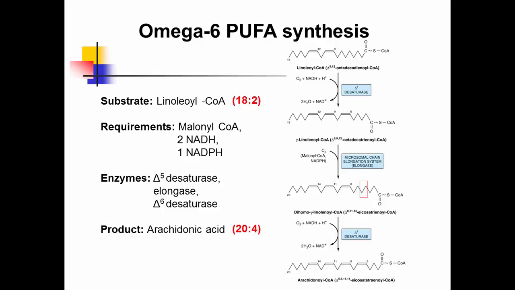And again, this whole process requires malonyl-CoA as the carbon donor, and needs delta 5 and delta 6 desaturases to catalyze the formation of double bonds and also elongase for the extension of the carbon chain. And it also requires NADH and NADPH, right? Any questions?